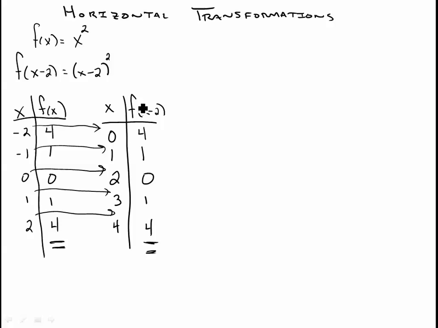The transformation that occurs is that when we're looking at changing x minus 2, we're going to get the same outputs with inputs that are 2 higher than the original. So the weird way of thinking about it, the important thing to see is that the same outputs result in inputs that are 2 more, 2 to the right. So if you subtract 2 from the inputs, the transformation is a shift to the right.